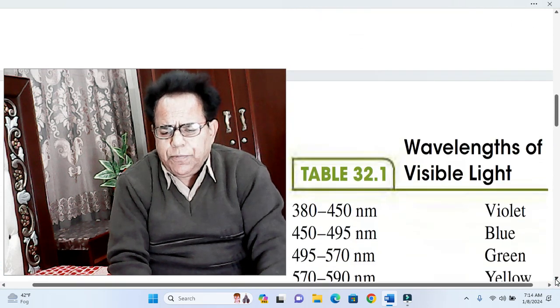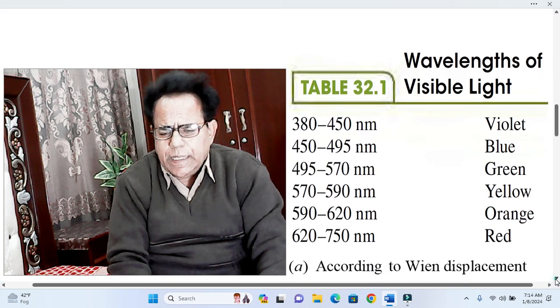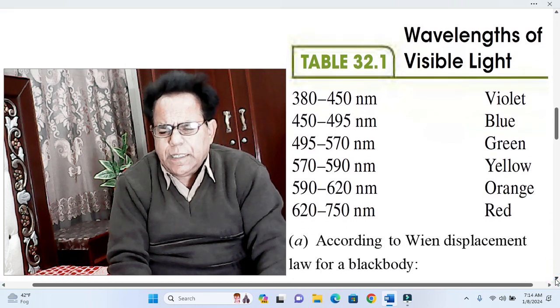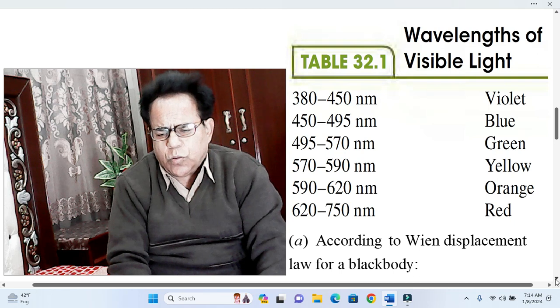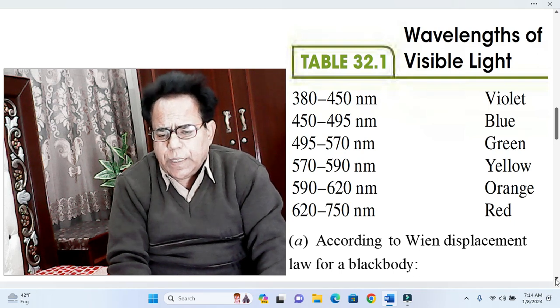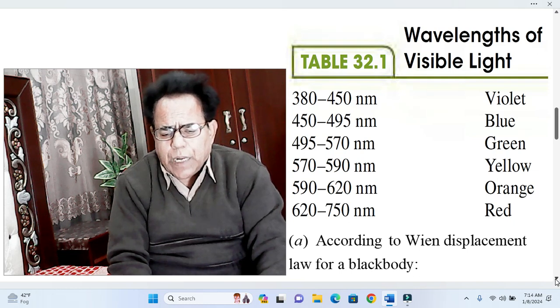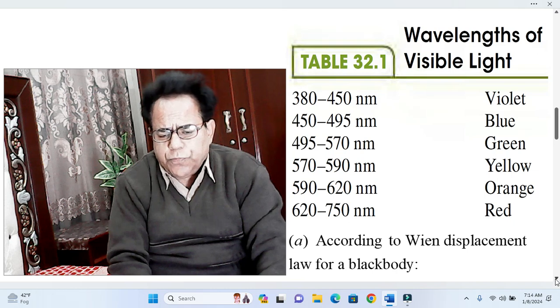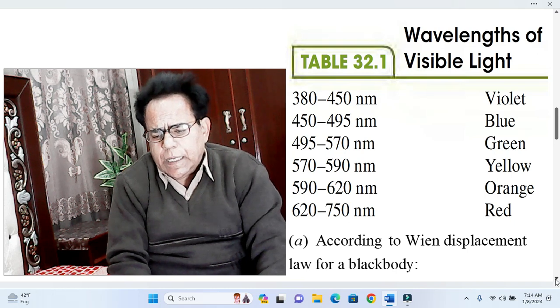The same philosophy is described here in another book in a slightly different mode. Wavelengths of visible light: 380 to 450 nanometer is violet, while from 450 nanometer to 495 nanometer, color is blue.